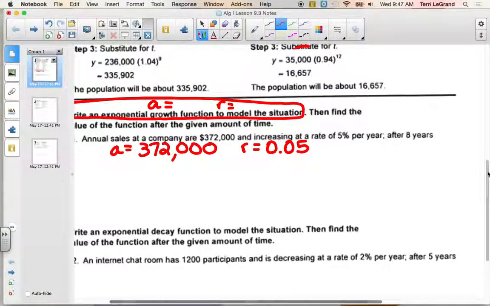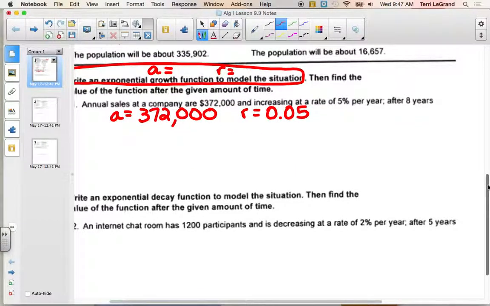Okay, so now we're just gonna write our model. For any amount of time, we don't even care about that 8 years right now. Given any amount of time, we could use this model to help us find out what their sales would be. Okay, so we're going to substitute into our y equals, let's just write the model first of all. We're going to substitute into that.